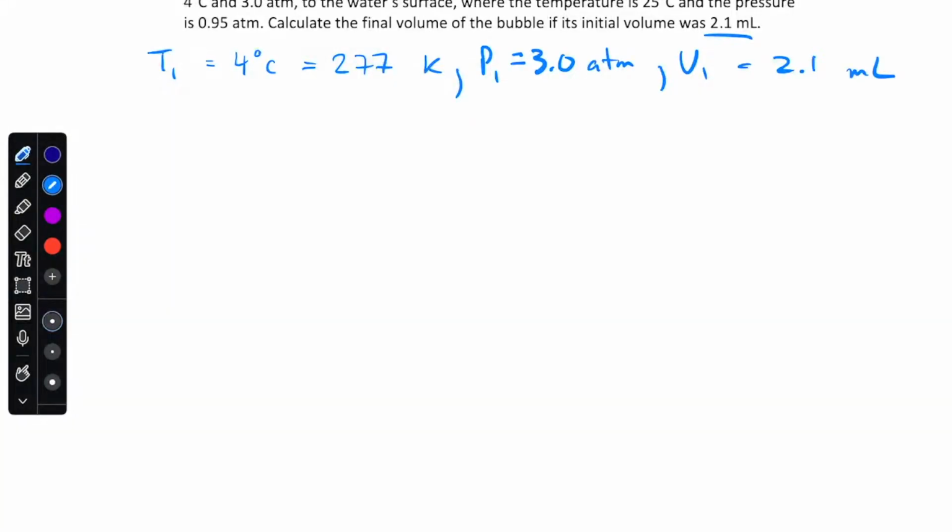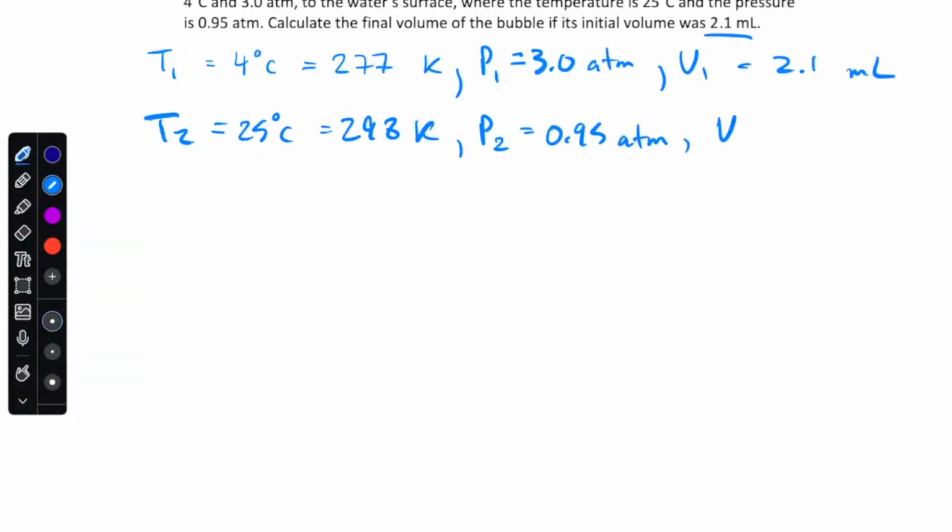And then we're told it rises to the surface of the lake where we have a new temperature, which is 25 degrees Celsius, which is 298 K. We have a new pressure, and they want to know what the new volume is.